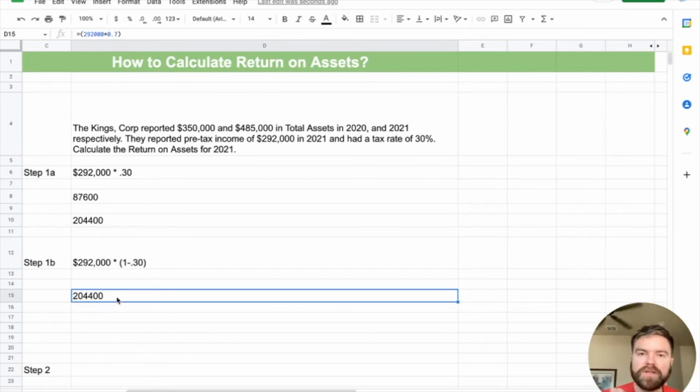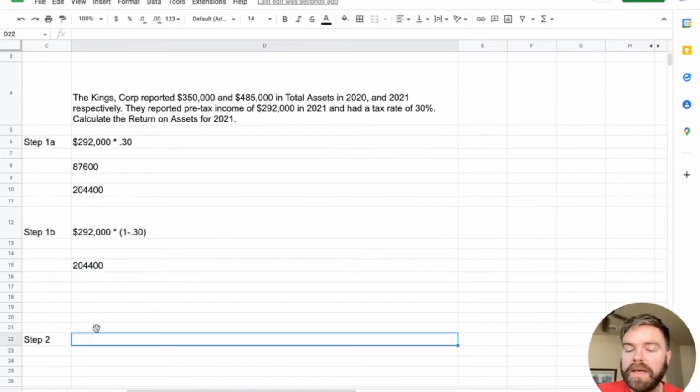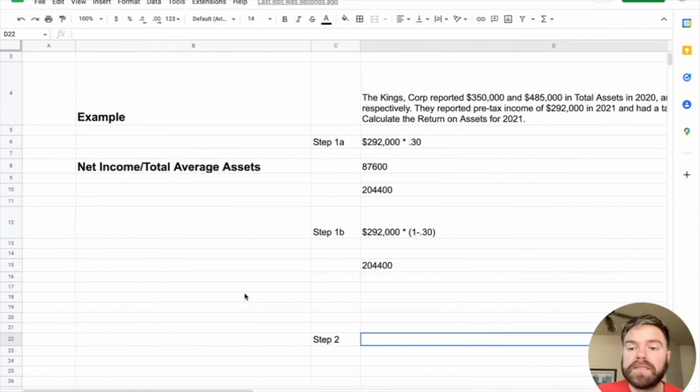And as I like to teach my students, any efficient way to get things done, especially on tests, is important because it's going to save you time. I know it seems small, but over multiple problems, it can actually save you a lot of time. So we got our net income. It's 204,400.